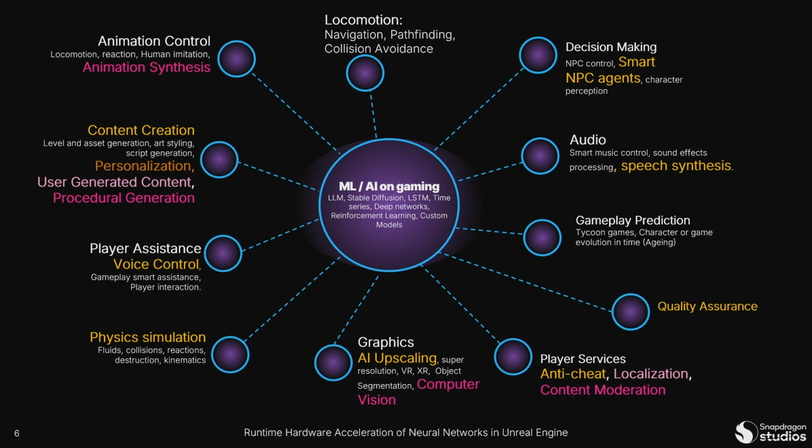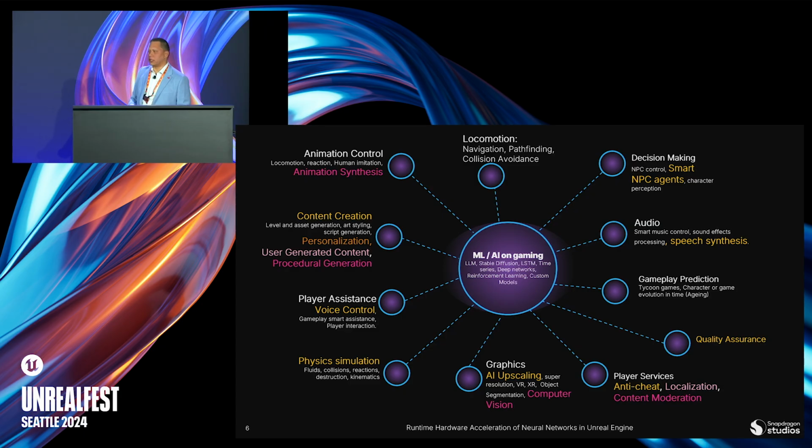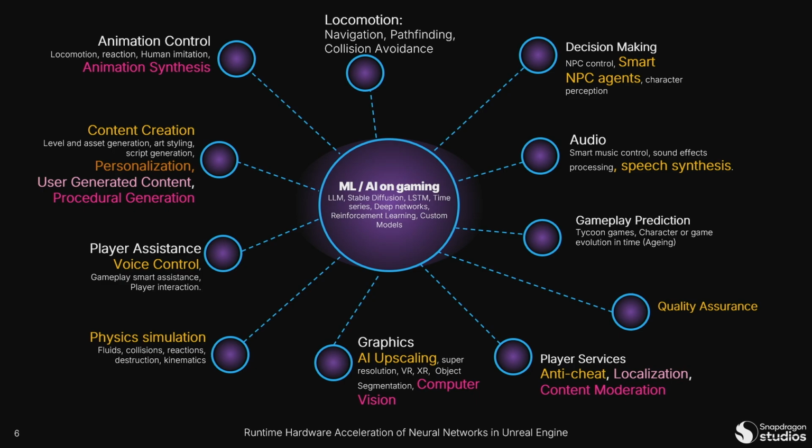For instance, in graphics, you have heard about AI upscaling, or in animation, you have heard about motion matching, even done by machine learning. In content creation, I have plenty of examples. You have seen smart NPC characters controlled by LLMs, content generation with Stable Diffusion. In QA, machine learning is frequently used. In player services, it is used for anti-cheat, localization, and content moderation.